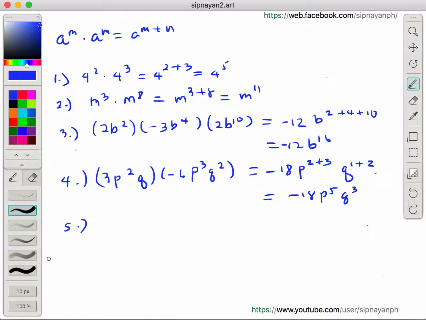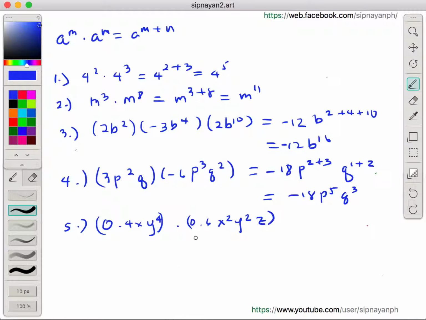Number 5, we have 0.4xy to the 4th, times 0.6 x squared y squared z. Sorry, y to the 4th pala yan.